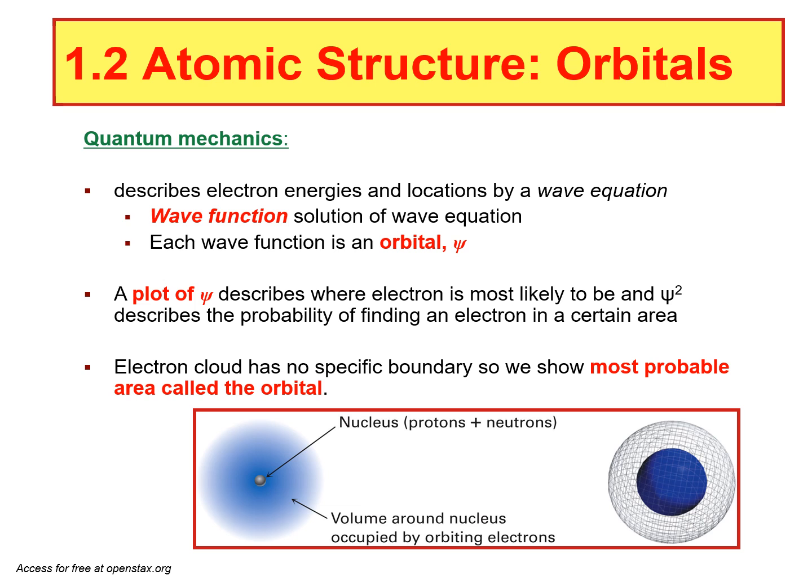Each wave function is an orbital which is represented by psi. A plot of psi describes where the electron is most likely to be, and actually psi square is what describes the probability of finding an electron in a certain area. So we call this orbital the most probable area where you can actually find the electron.